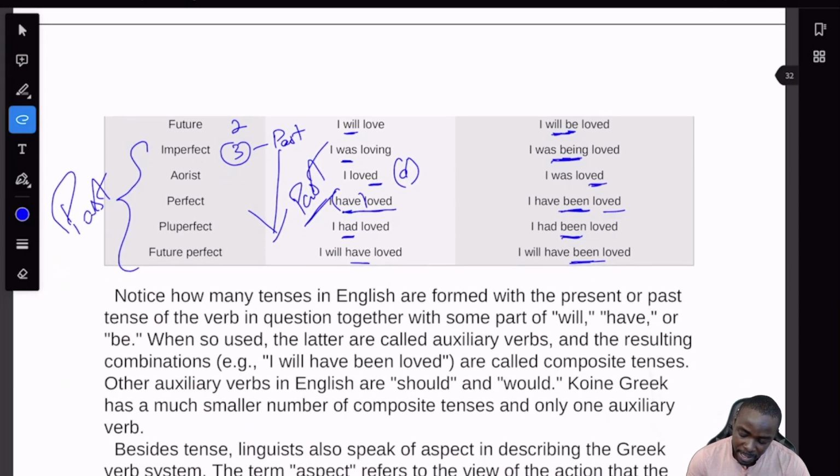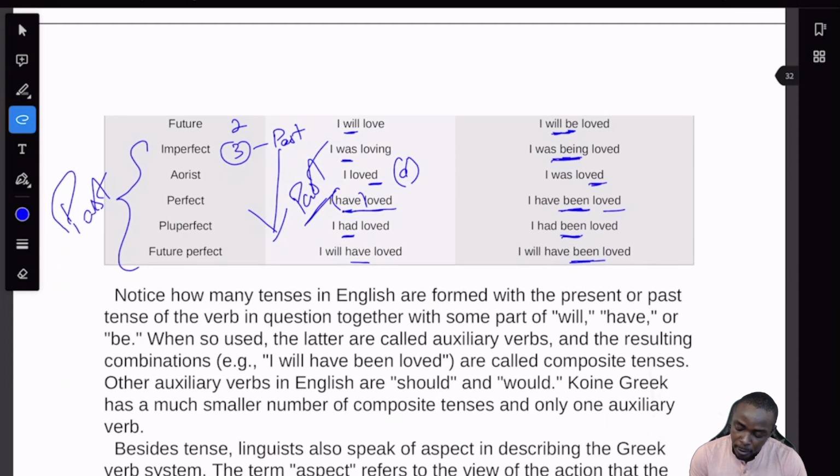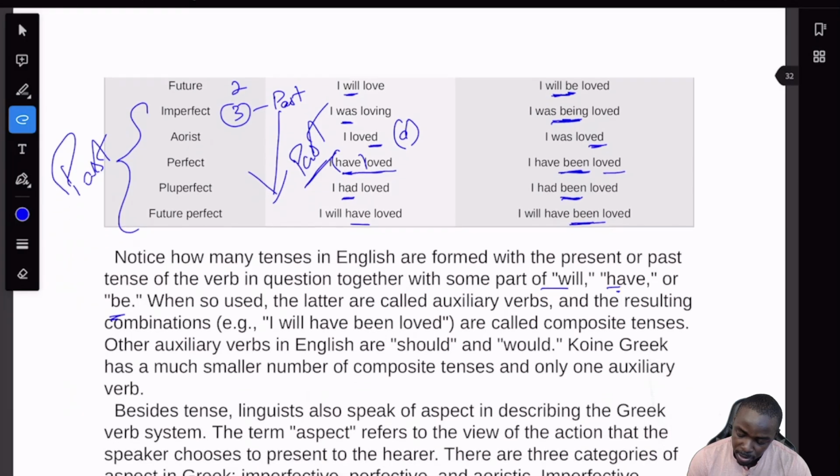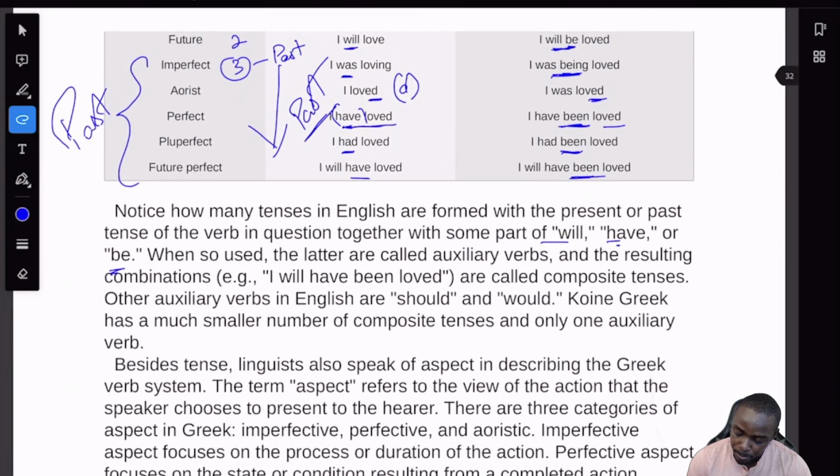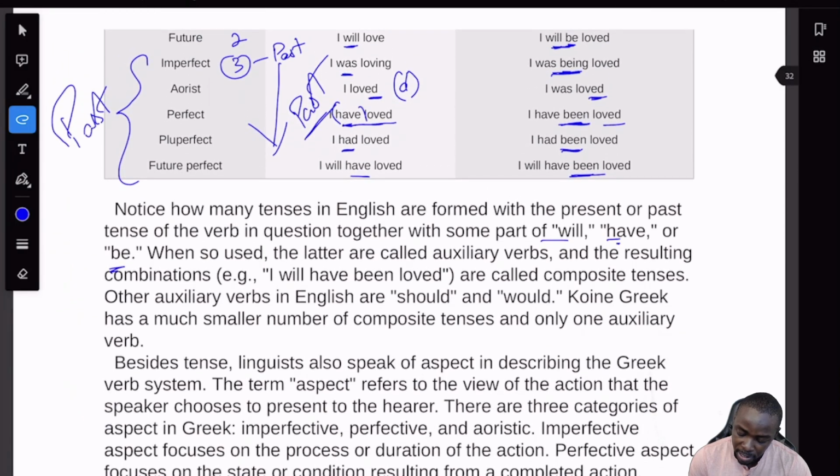So notice how many tenses in English are formed with the present or past tense of the verb in question together with some part of will, have, or be, right? When so used, the latter are called auxiliary verbs. And the resulting combination, for example, I will have been loved, are called composite tenses.